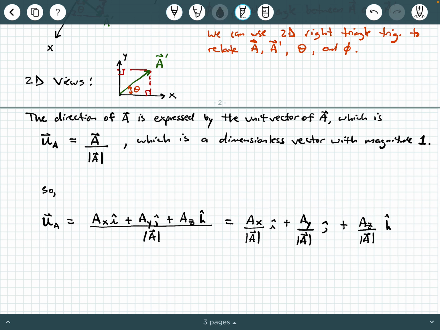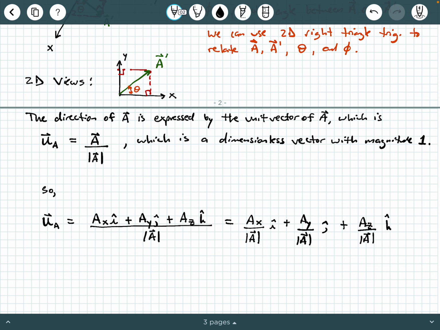Now, all I did there was take this denominator and say, hey, this is a common denominator of these three terms, and then I put it underneath each of those three terms. Now, think back to earlier in the video, what are the definitions of AX over mag A, AY over mag A, and AZ over mag A? Well, those go back to how we defined our coordinate direction angles.